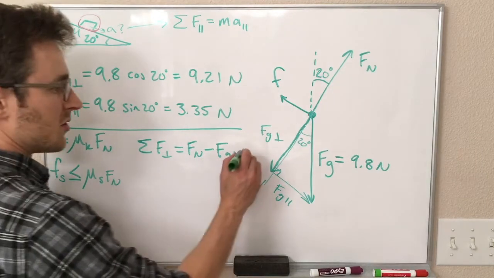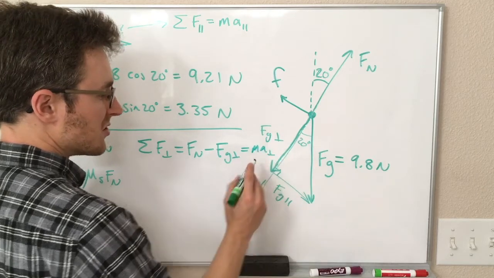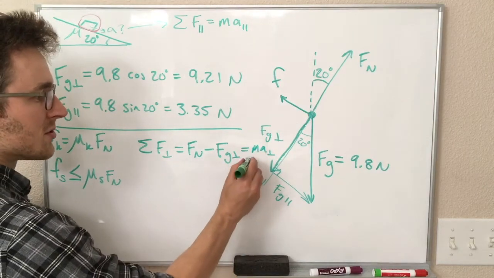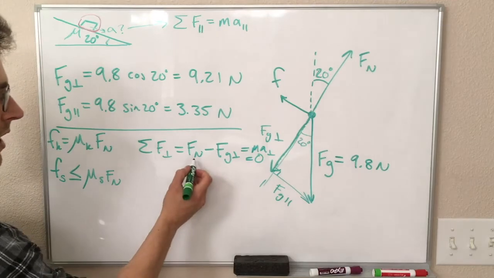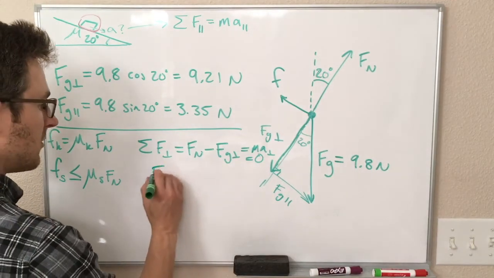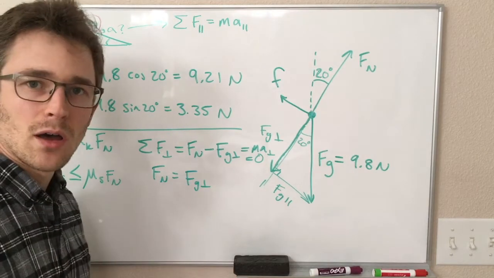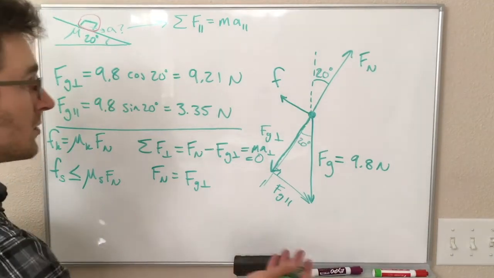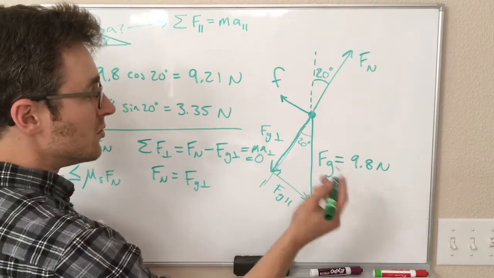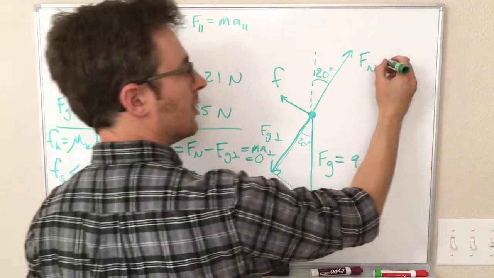So the sum of our forces is equal to m a perpendicular, and a perpendicular equals 0. So F normal minus Fg perpendicular equals 0. That means the normal force is equal to Fg perpendicular, as we saw in the previous video. So our normal force, we do know it is equal to this side, which is 9.21 newtons.